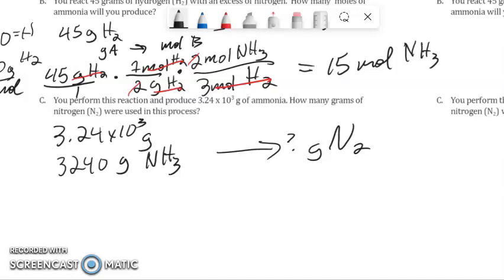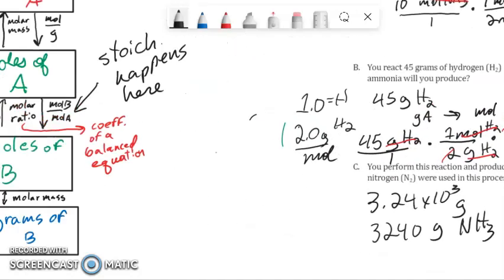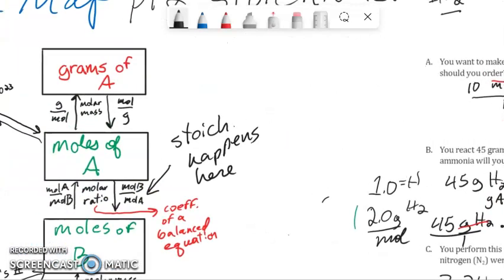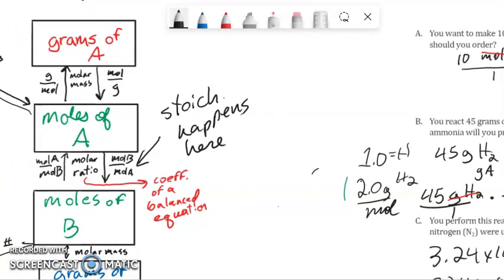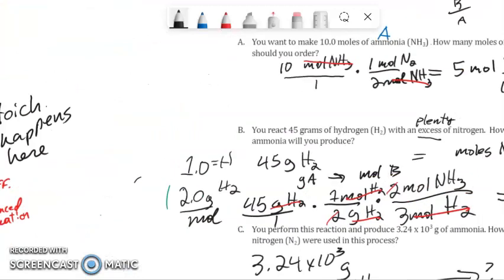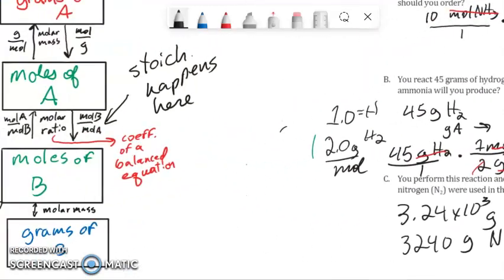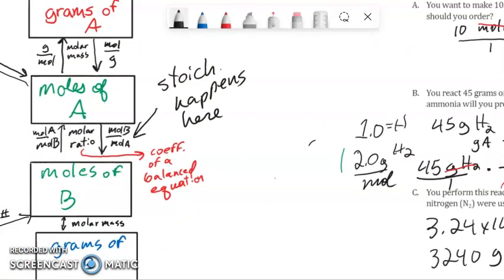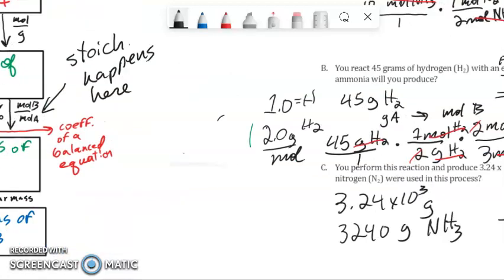All right, so this is a grams of A to grams of B problem. So that means we're going to need to convert from grams of ammonia to moles of ammonia to moles of nitrogen to grams of nitrogen. So we're going to need to have 3 different conversion factors: the molar mass of ammonia, the molar ratio between ammonia and nitrogen, and the molar mass of nitrogen.